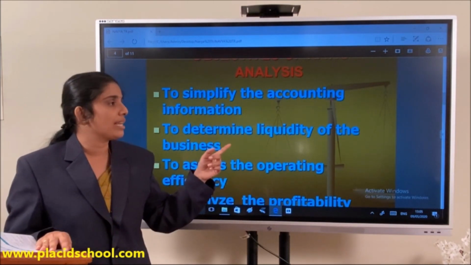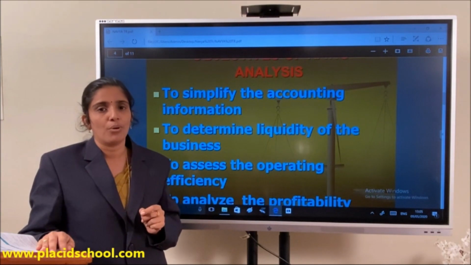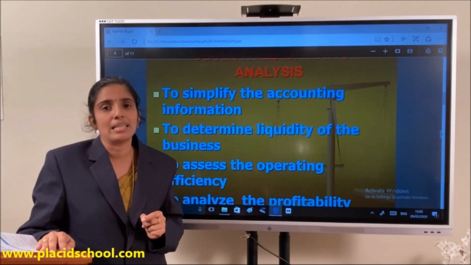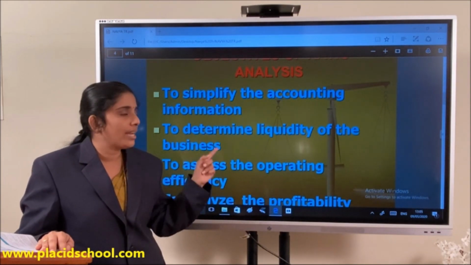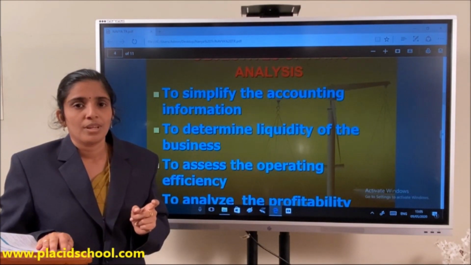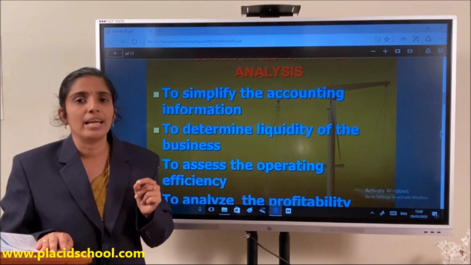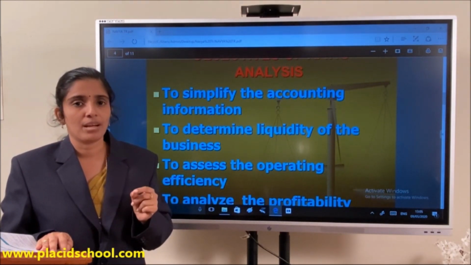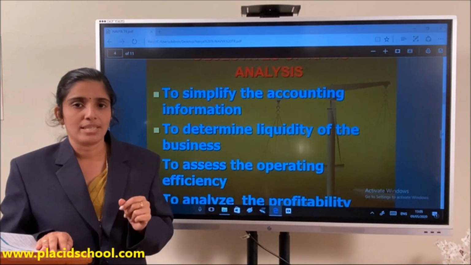So liquidity means the short-term debt repaying capacity of the organization, that is the current liability repaying capacity. In the ratio analysis, we prepare a number of ratios. Through the liquidity ratios, we can clearly identify the short-term liability repaying capacity.